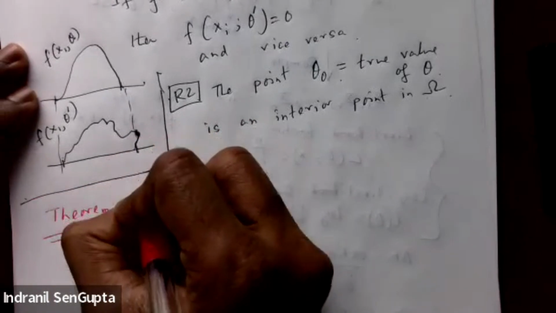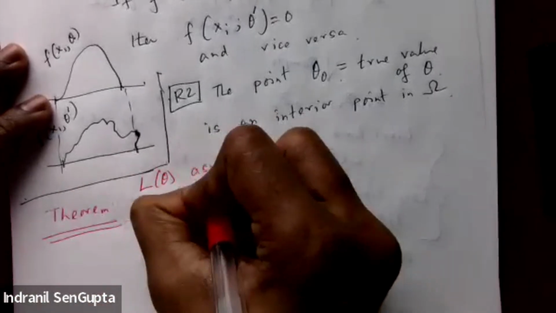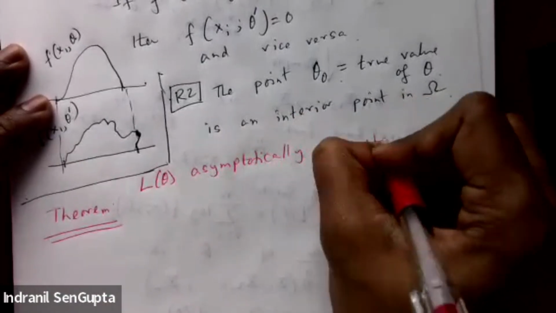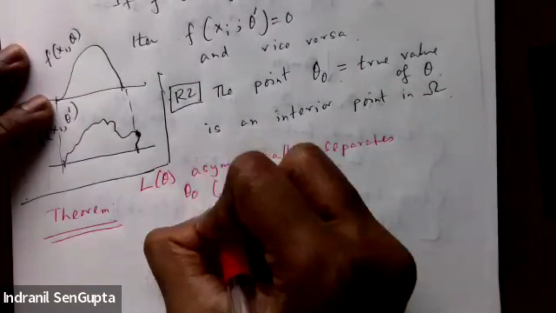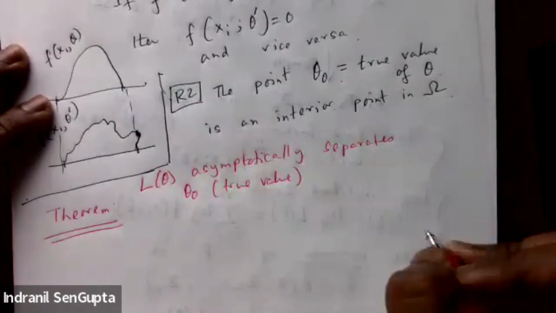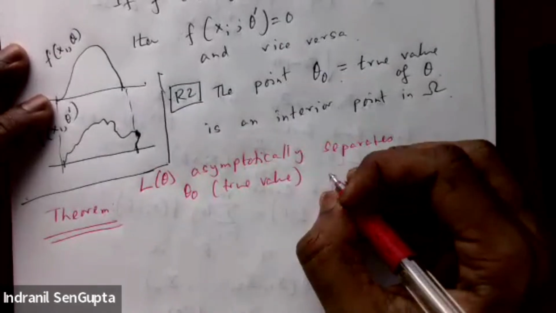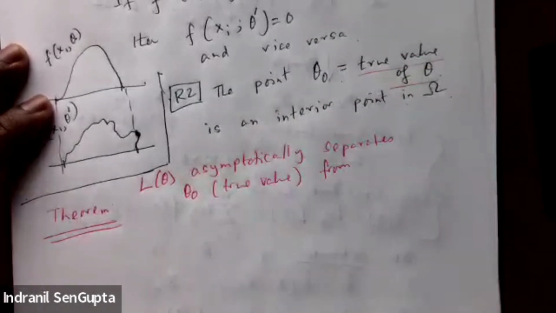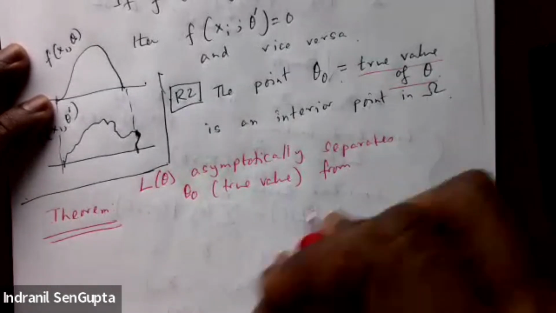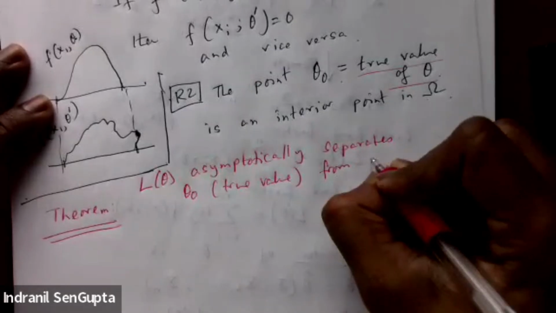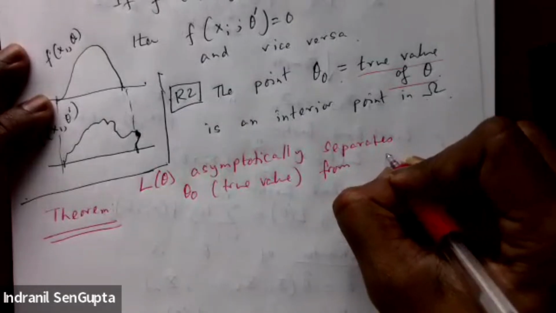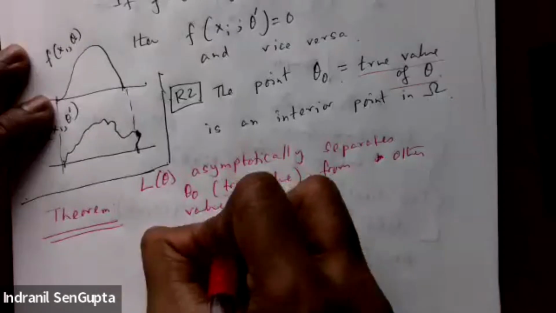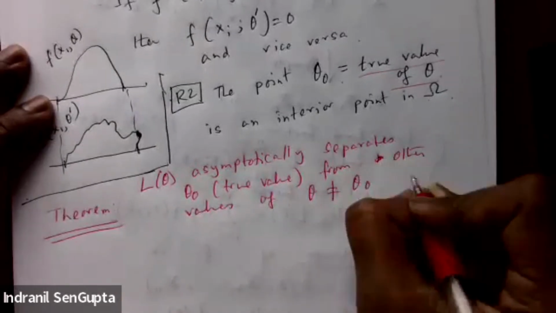We will try to show that the likelihood L of theta asymptotically separates theta 0, which is the true value, from other values of theta which are not equal to theta 0.